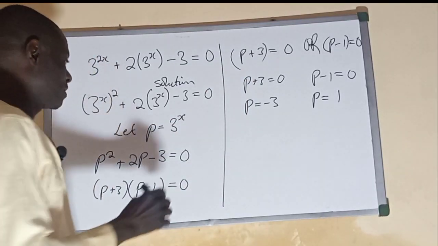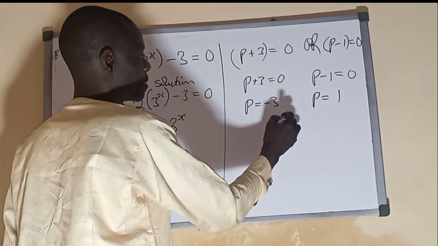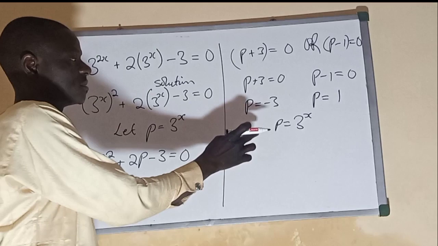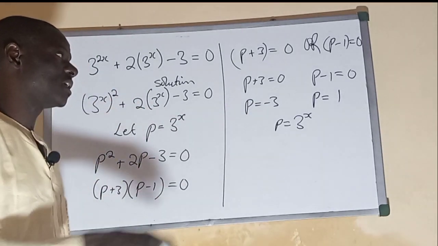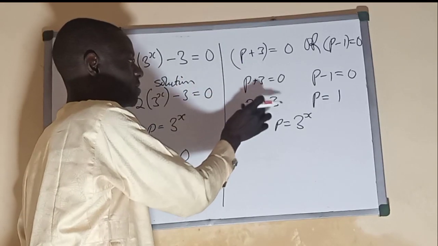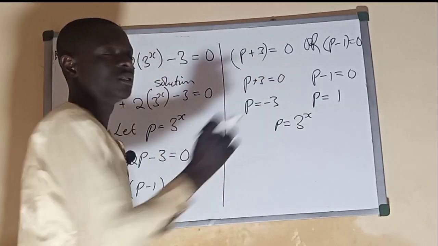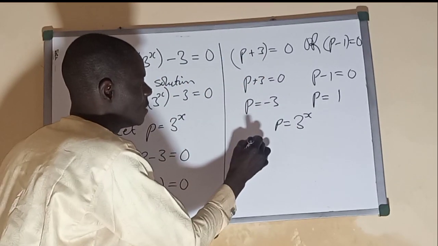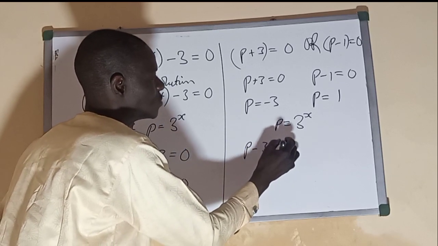But remember, our phi equals 3^x. Since that is the case, wherever we have phi, we change it with 3^x. So from here, phi equals minus 3.